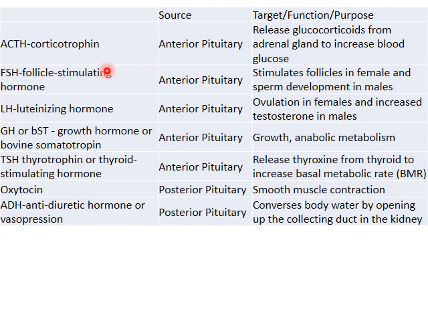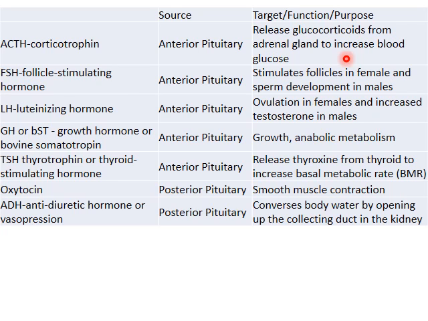So the cascade starts with the hypothalamus, then from the anterior pituitary, we have the secondary response to the hormones listed already. So the hypothalamus goes to the anterior pituitary, which stimulates the release of glucocorticoids from the adrenal gland to increase blood glucose.